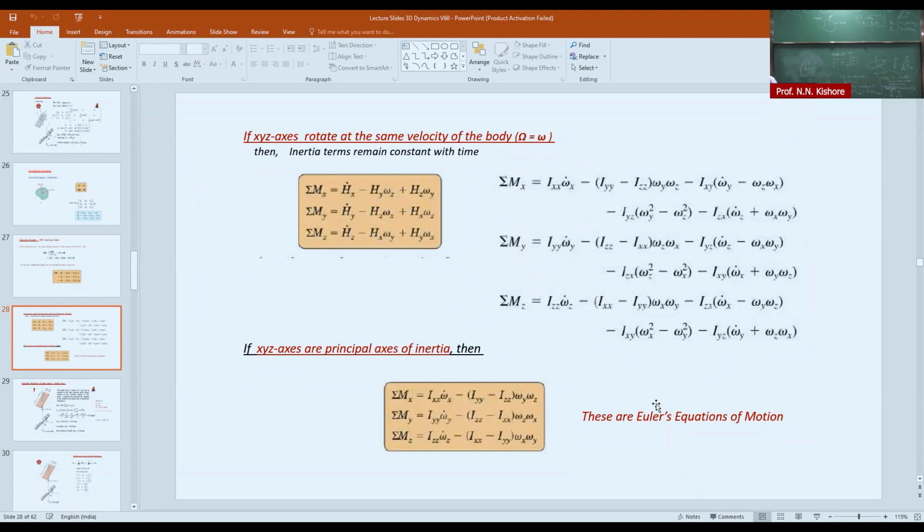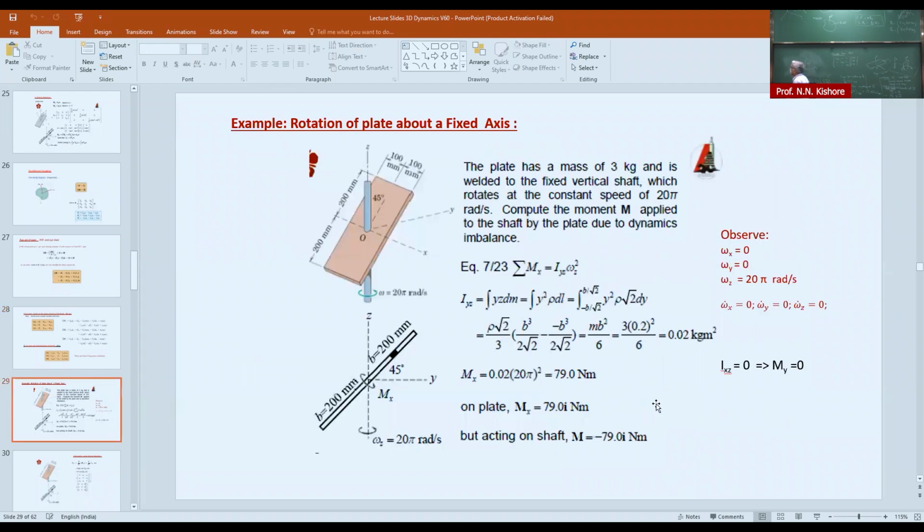Anywhere omega x or omega y is appearing, they are all 0. Only the omega z term will come into the picture. So there's only Mx equals Iyz omega z square. That's the only term that's present.